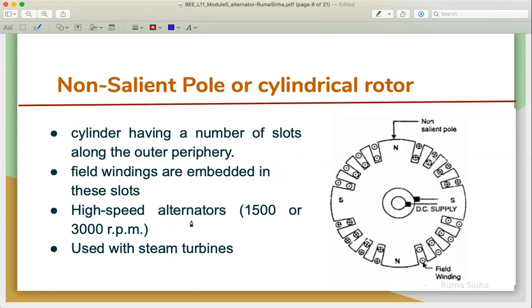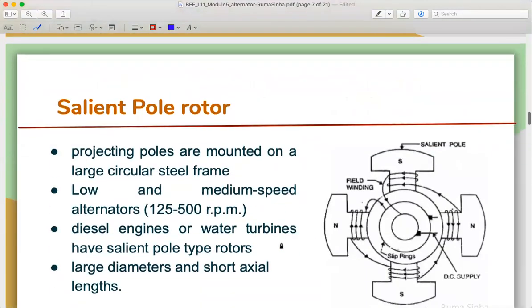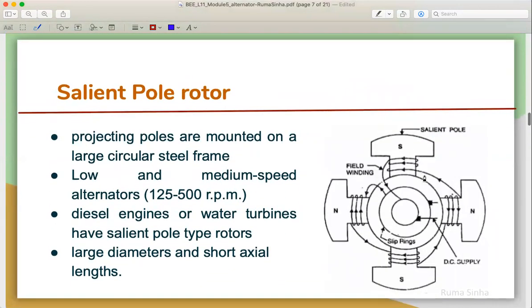To run at a higher speed, the number of poles should be less. Whereas salient pole machines have less mechanical stability, so we can run them only at a lower speed and cannot run them at a higher speed. So salient pole machines will have more poles to obtain less speed.